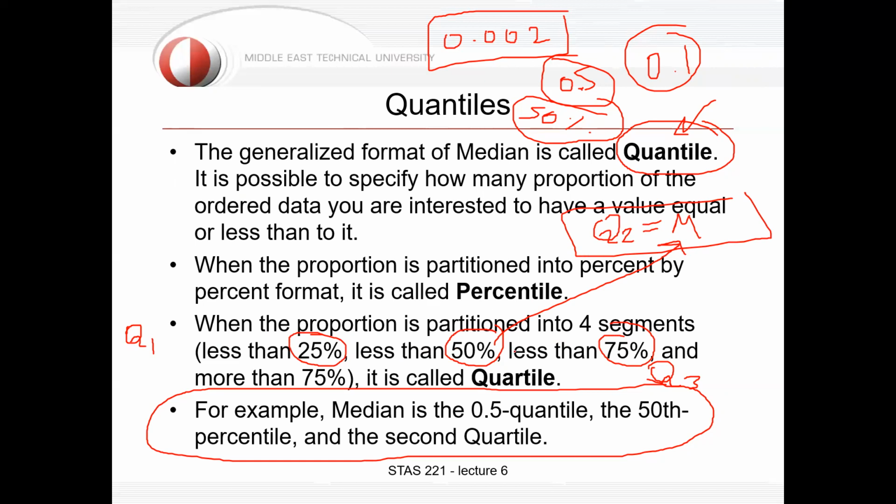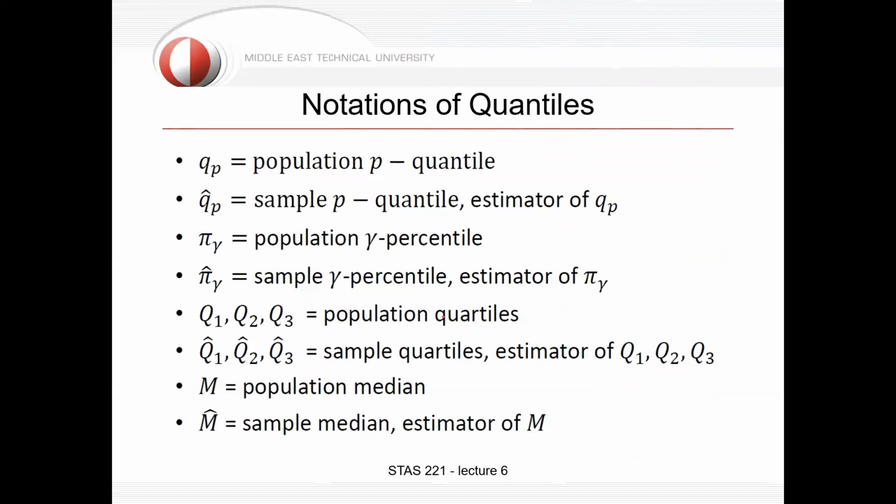For example, the median is the 0.5 quantile as a ratio, or the 50th percentile as a percentage. So 50% of data is less than that, and at the same time, 50% is bigger. And the second quartile, yes, you see Q2. So Q1, Q2, Q3, that's the way you partition it into 4 segments. And these notations are important. Please take a look at them.